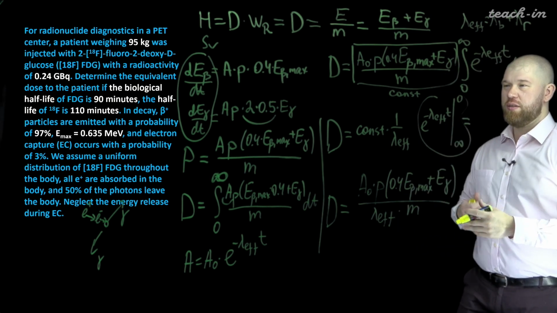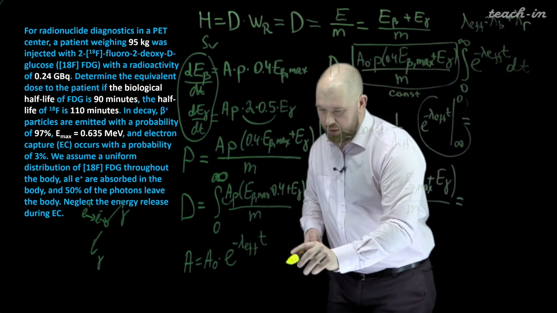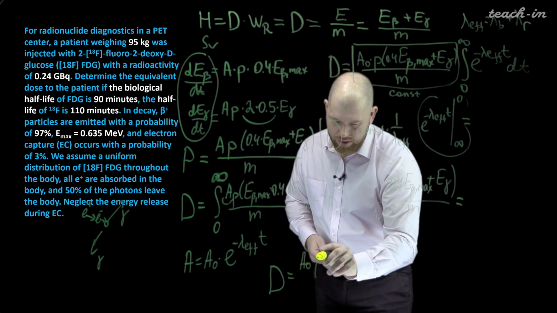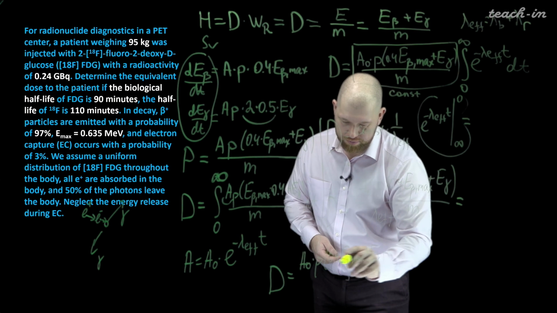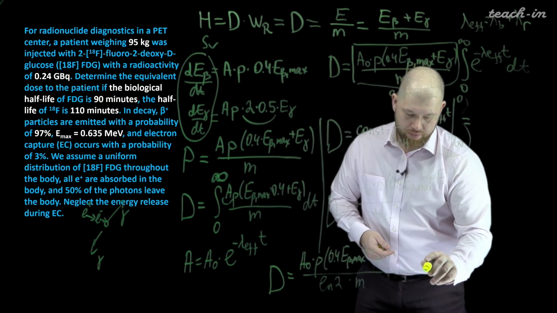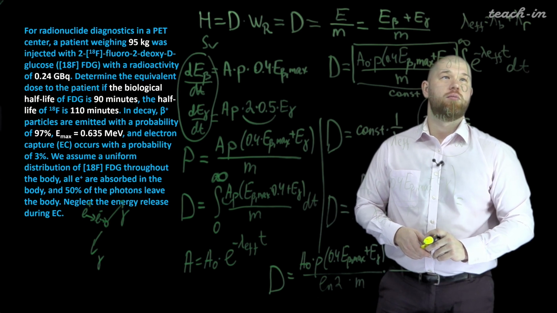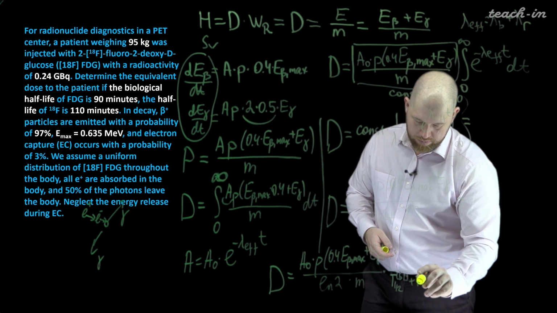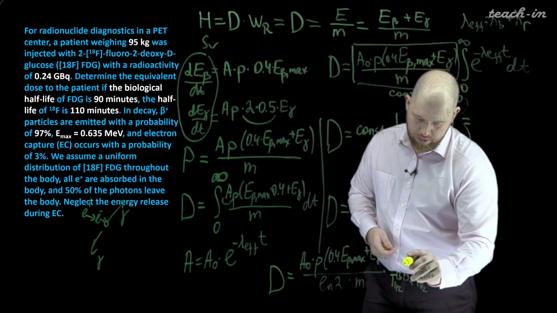When we convert it and use the half-lives, it will finally give us the dose D equal to A0 P, 0.4 E beta maximum plus E gamma, times logarithm 2, divided by the mass of our patient, and here the sum of the half-lives, biological plus radioactive, and here will be the product.